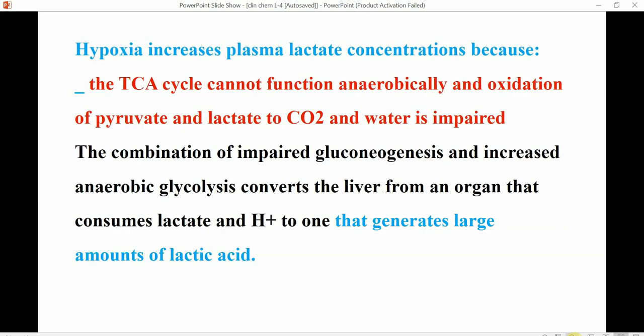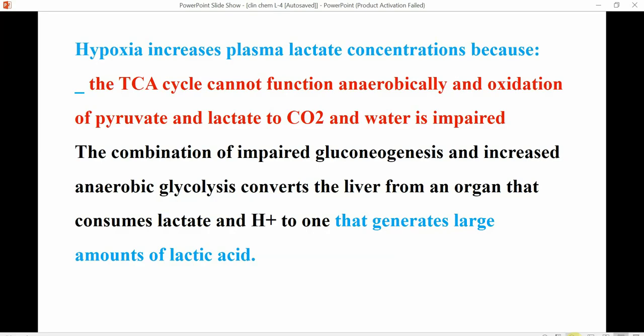The hypoxia would increase the lactate level in plasma because the citric acid cycle cannot function anaerobically, and the oxidation of pyruvate or lactate to carbon dioxide and water is impaired.